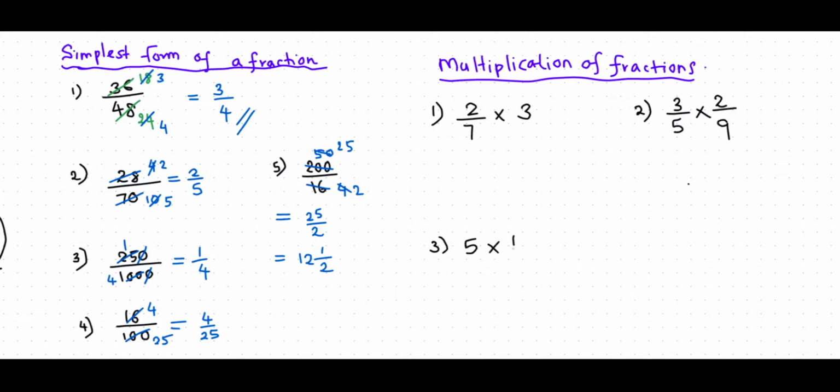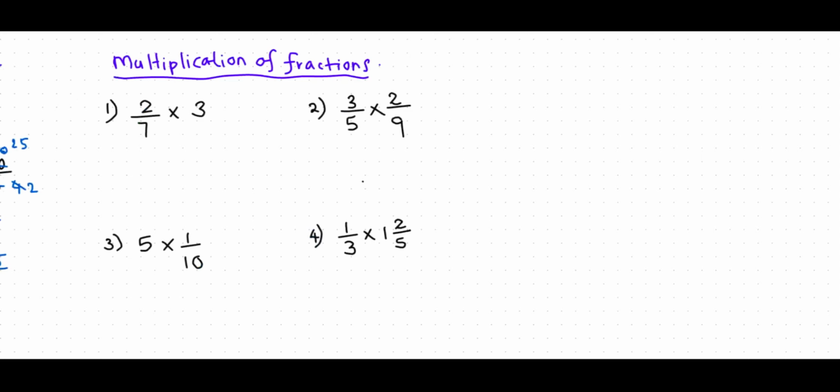Then we can multiply a proper fraction by a mixed number. We can multiply two mixed numbers, 2 and 1 over 3 times 1 and 2 over 5, like this.